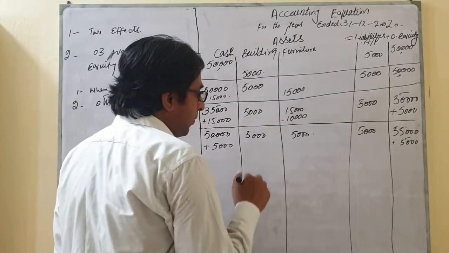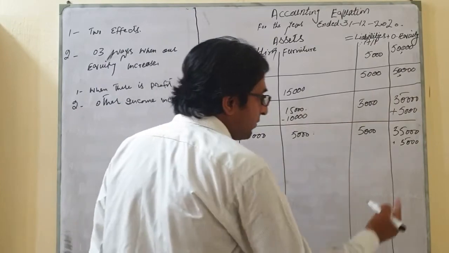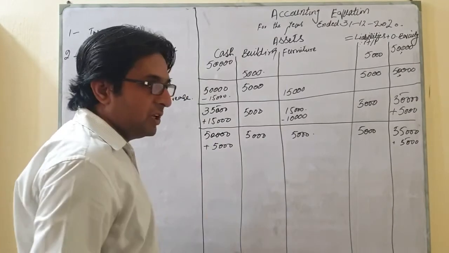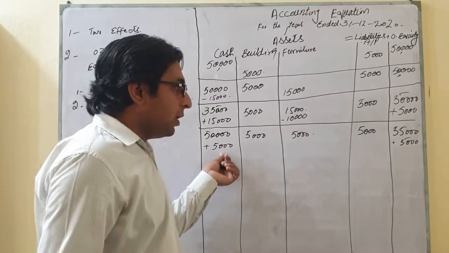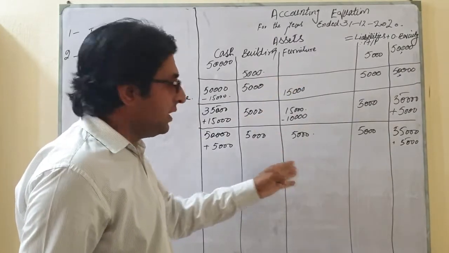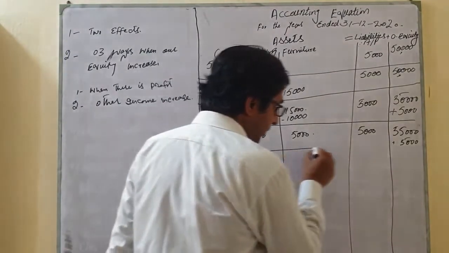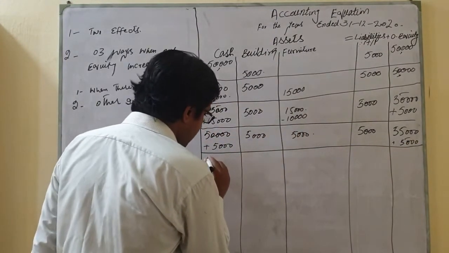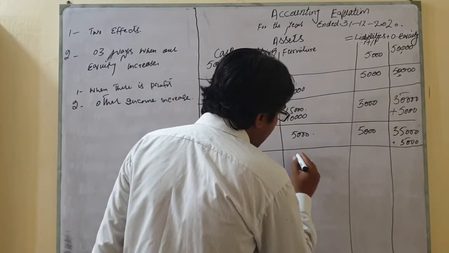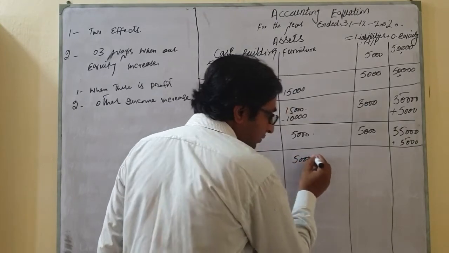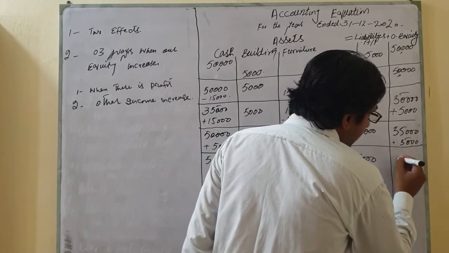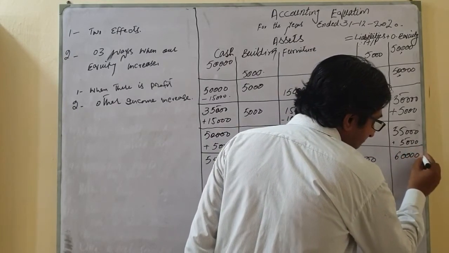In other cases, if we have not received the cash from commission, then our account receivable will increase 5,000. So here we will see what is the balance. Cash balance is $55,000, 5,000 building, furniture is 5,000, liabilities are 5,000, and our owner equity is $60,000.